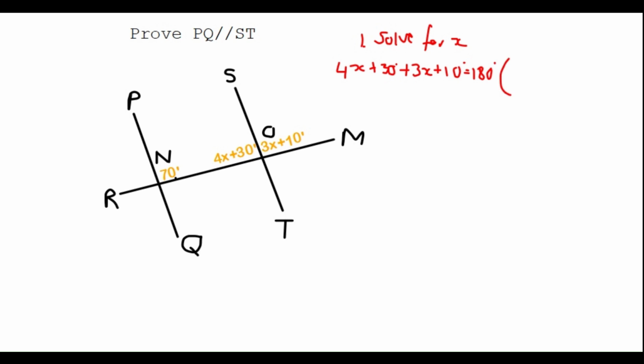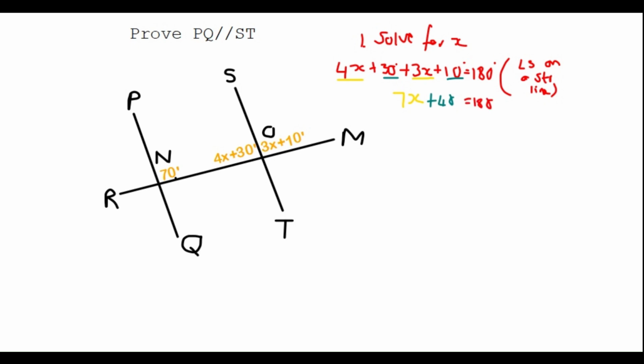The reason we already said, angles on a straight line. Now it's a simple equation. I need to isolate the x, so let's add the x's together. You get 7x. Let's then add the whole numbers, 30 plus 10, that gives you 40. And on the other side, I still have 180.